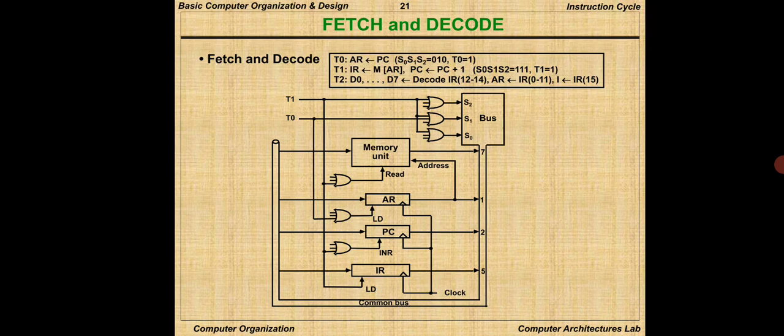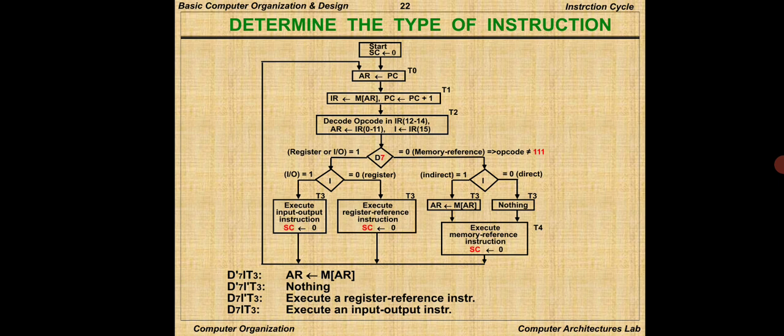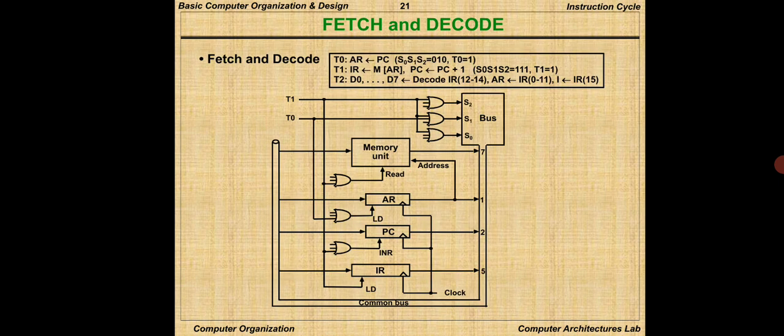So how is this done? If you see here, this is the common bus system. In this we have used 3 OR gates. For these 3 OR gates we have given the T0 and T1 states. Based upon the T0 T1 states, it activates the S2 S1 S0 values.